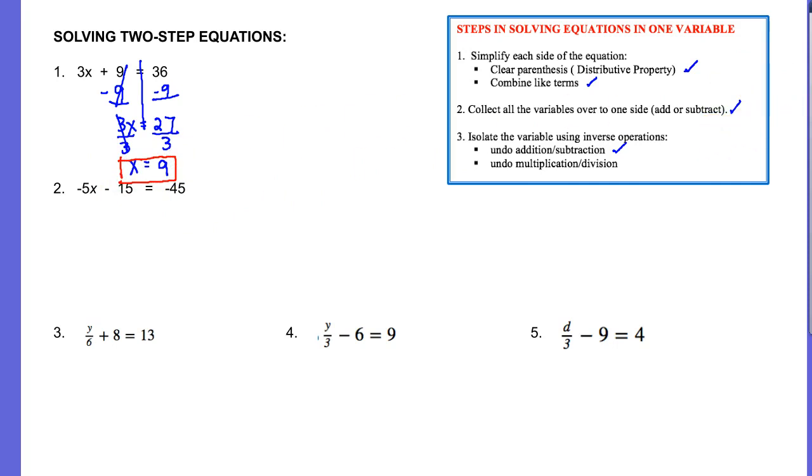Okay, I'm going to do the check just for this problem number 1. To check, we plug in the value of x into our original equation.